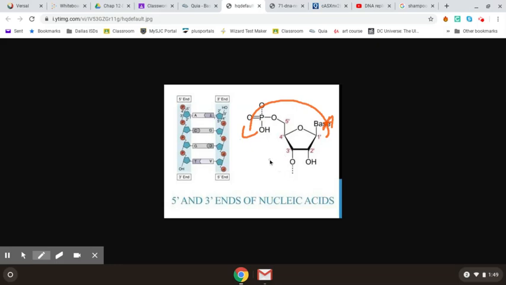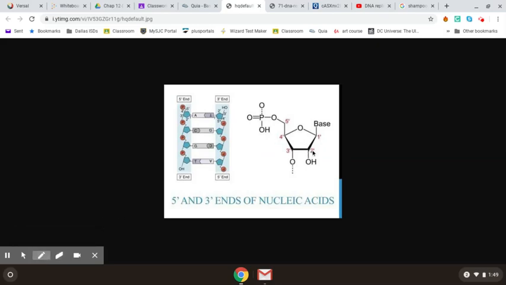If I mirror image this, this will be the number 1 carbon, and this will follow and be on this side. This carbon, no matter what orientation it's in, will always be in that position, if that makes any sense to you. So this is the number 1 carbon.